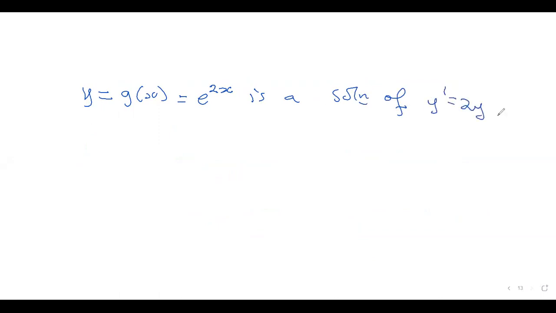We've said that we have y equal to g of x, and we've said that this is equal to e power 2x, and is a solution of y dash equal to 2y.